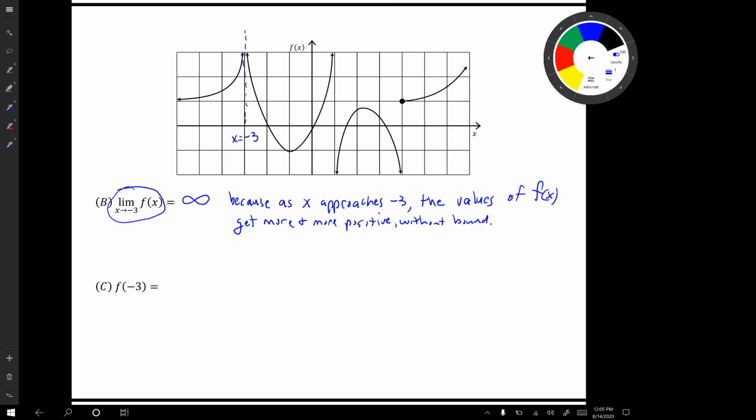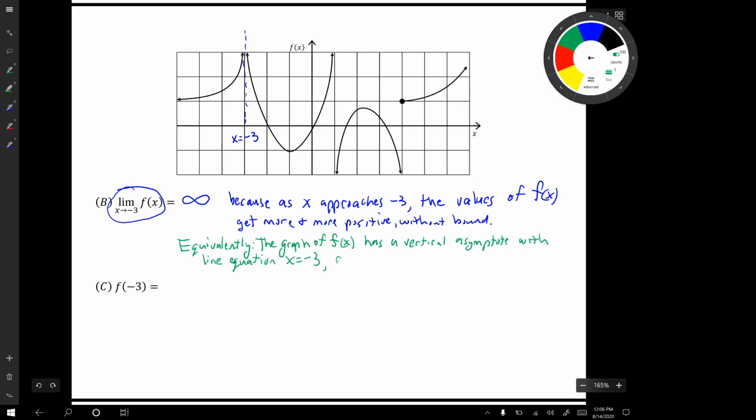And remember that I also spoke this in a different way using the shorthand notation of vertical asymptote, so maybe I'll write that as well. So the graph of f has a vertical asymptote with line equation x equals negative 3, and the graph goes up along both sides of the asymptote.